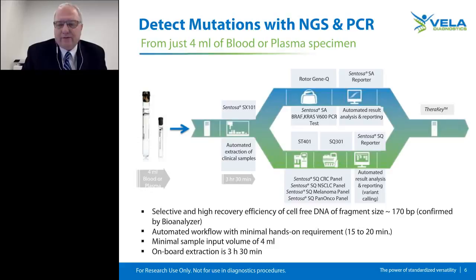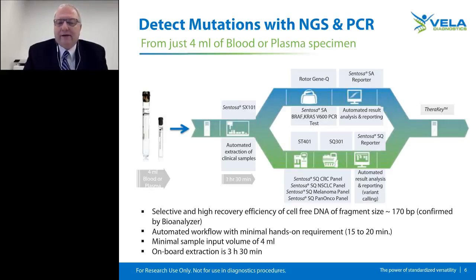Just as Gerd had mentioned in the prior presentation, both systems have automated reporting associated with them, and we also have the capability for the oncology assays to utilize a new tool for providing enhanced data analysis through a software called TheraKey, which is being offered through Vela Genomics as a service, globally.